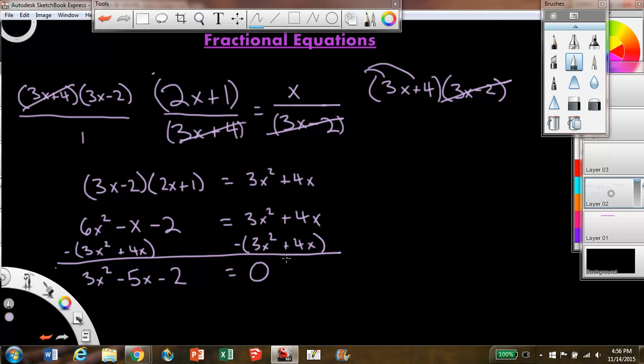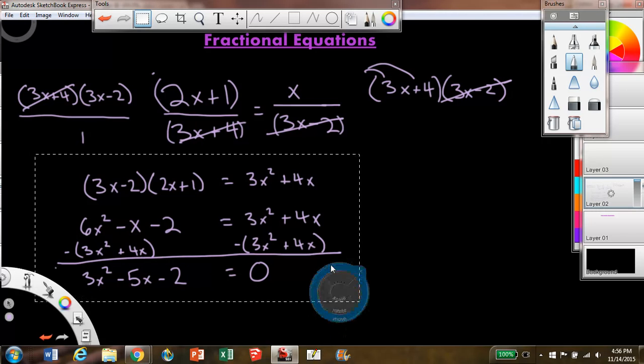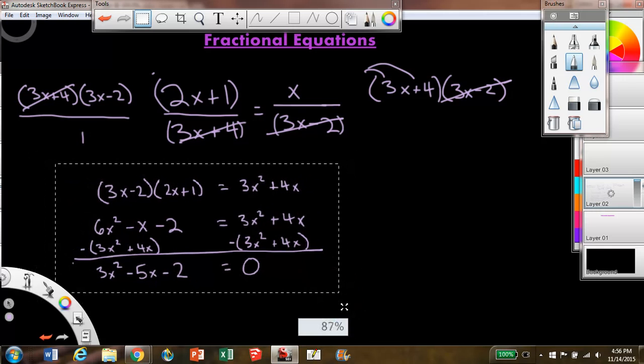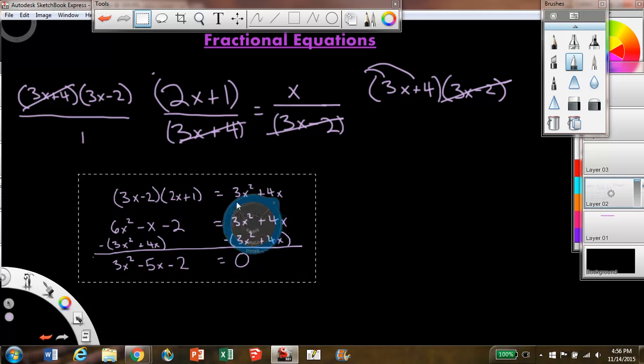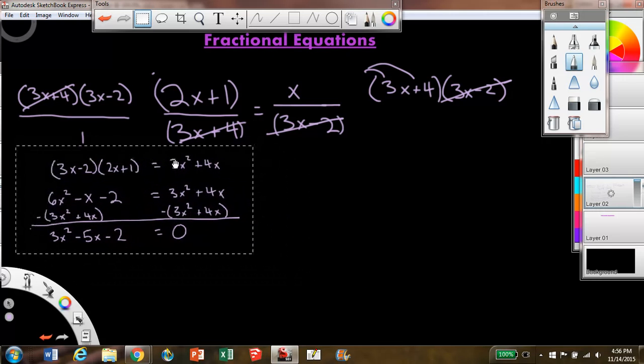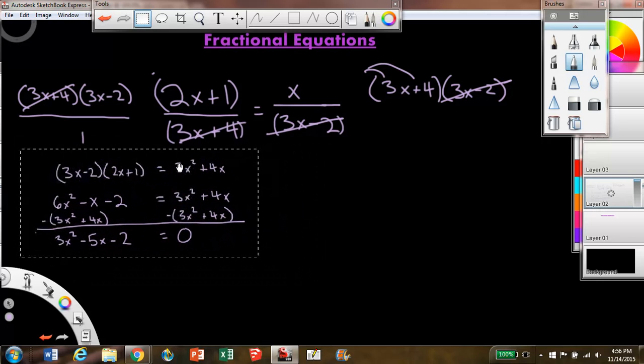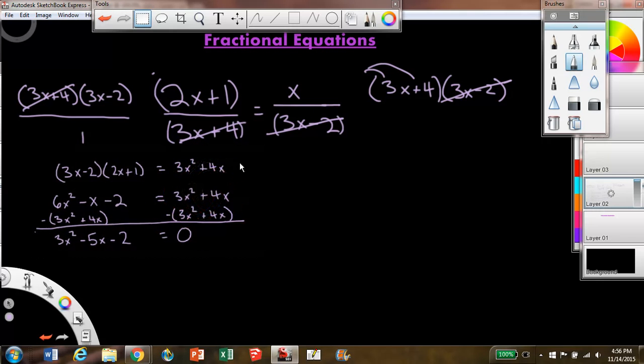Okay, so now I need to factor this thing. And once I factor it, I'll set those two factors equal to 0. Now, this is going to be box method factoring. Okay, so we would go ahead and do the box method.